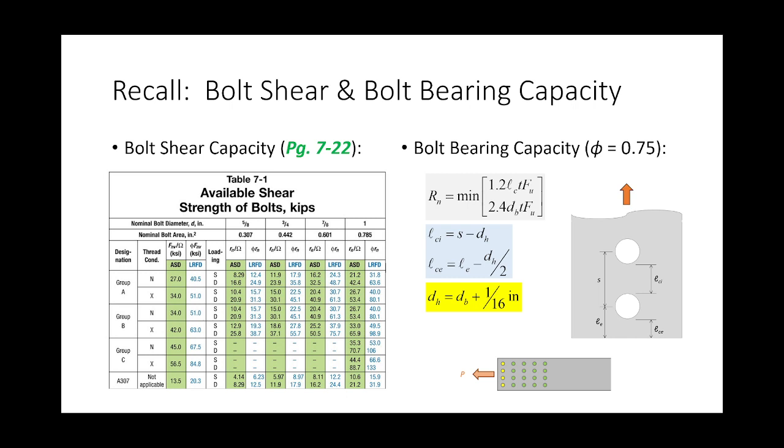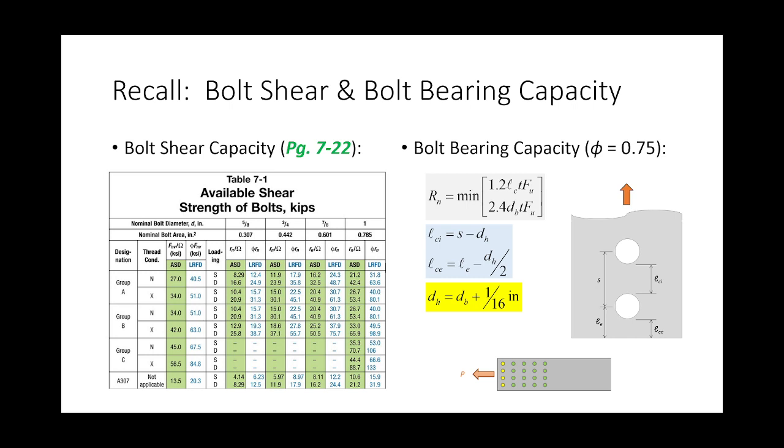The yellow bolts are the bolts on the edge, and the green bolts are the interior bolts. So when we look at capacity, we compute the capacity of an edge bolt, we compute the capacity of an interior bolt, and then we just multiply. We would say that this connection has 4 edge bolts and 16 interior bolts. So we just compute the capacity of each and then add it up.